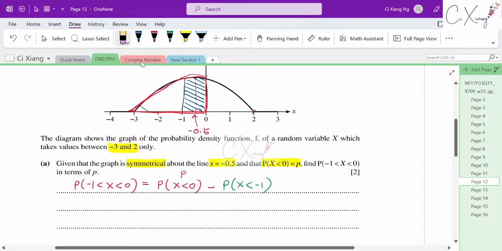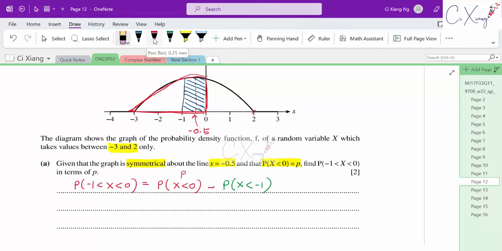If I try to observe the diagram again, just now we know that the line of symmetry is x equals negative 0.5. So from here, we know that x smaller than negative 0.5 should equal 0.5 because it is the center of the diagram.